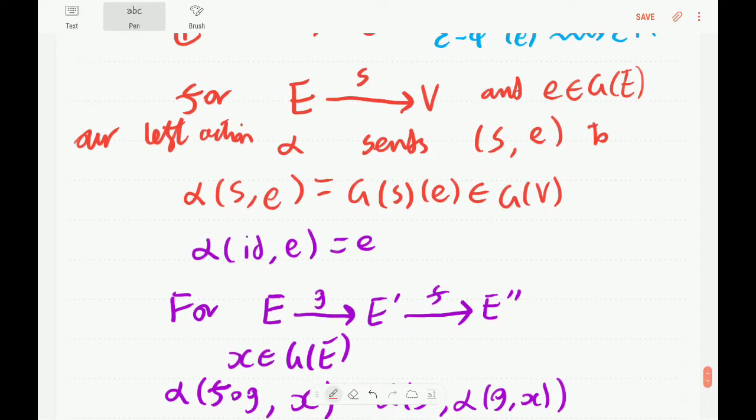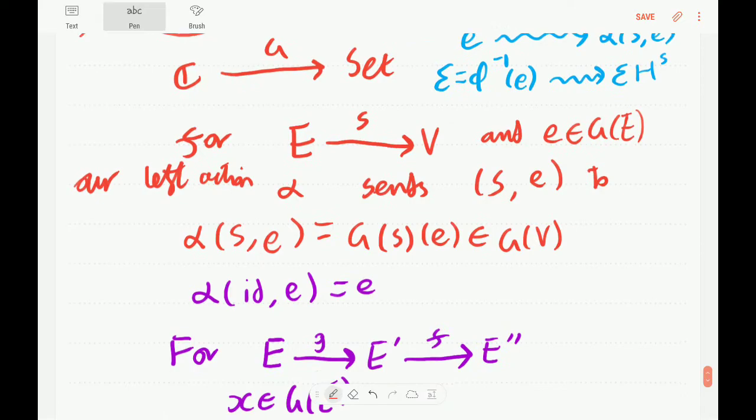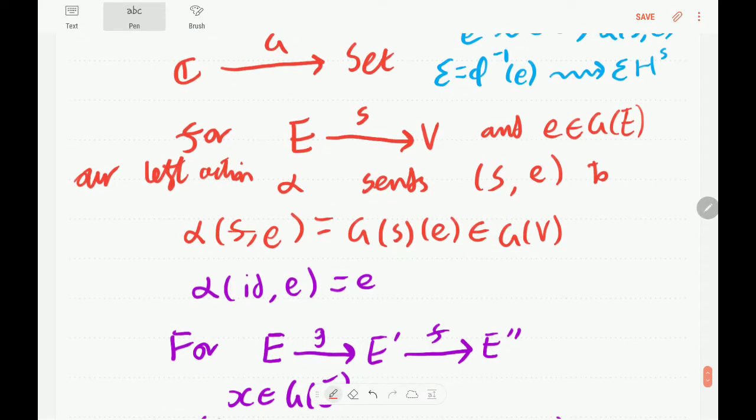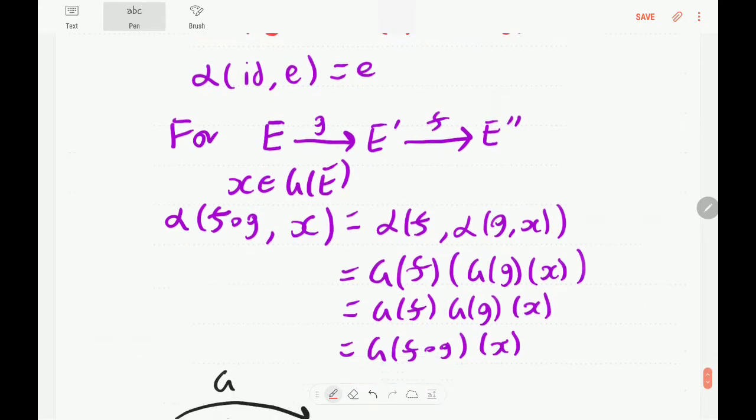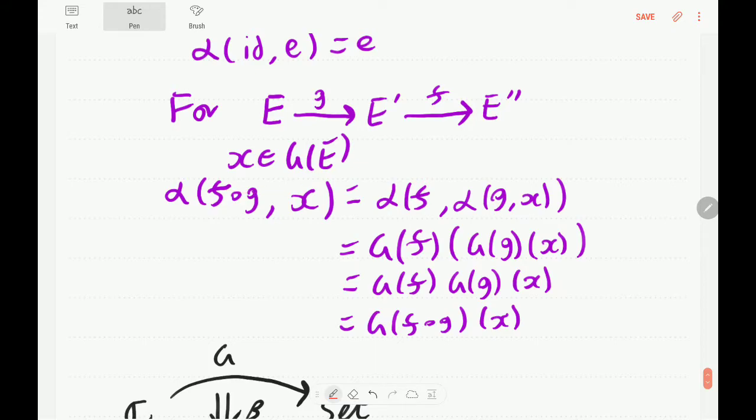The reason it's left, by the way, we can think of it as matching up with the way we write this, but the real thing is that the composition stacks up on the left as well, as you can see here.